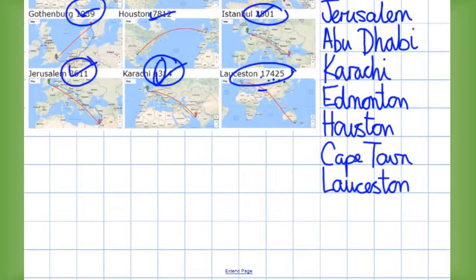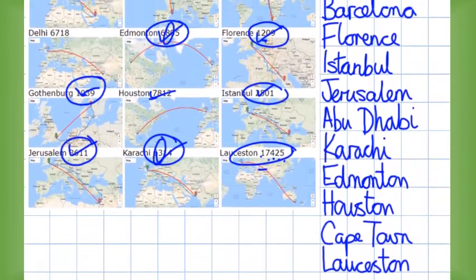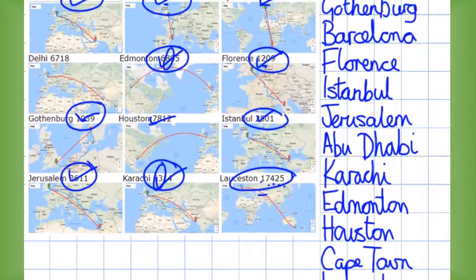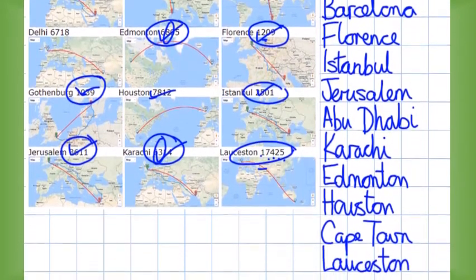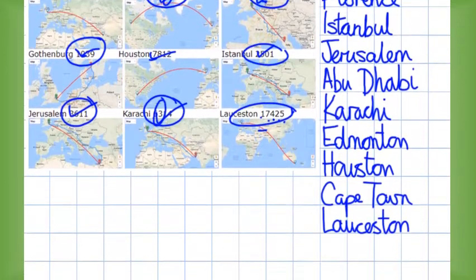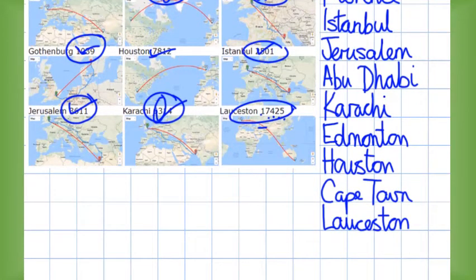Let's go back to the top. There we have the list, not quite fitting on the screen, starting with Gothenburg, Barcelona, Florence, Istanbul, Jerusalem, Abu Dhabi, Karachi, Edmonton, Houston, Cape Town, and the furthest away was Launceston. How did you do?